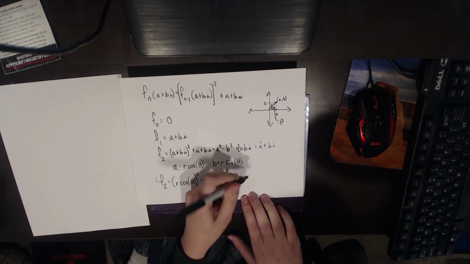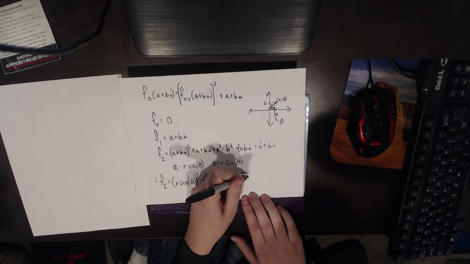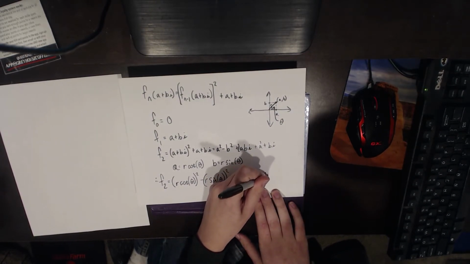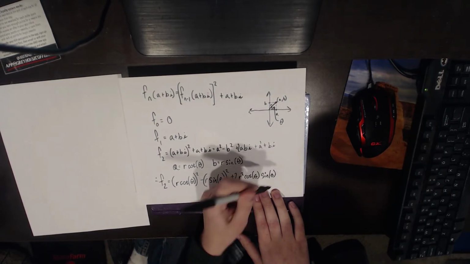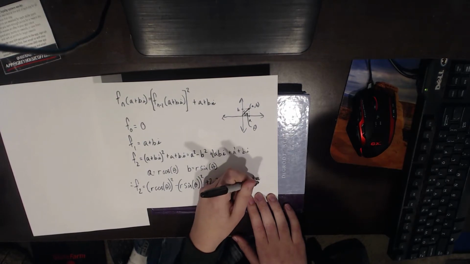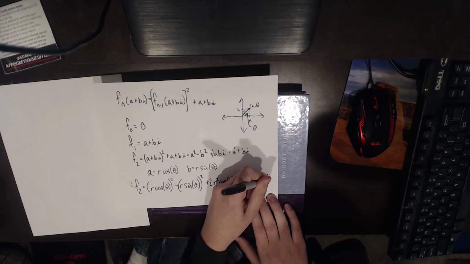I've noticed an issue, but it's okay, it's not really an issue. So, the next step is 2ABi. Both A and B have an r in them, so we have 2r squared cosine theta sine theta i.